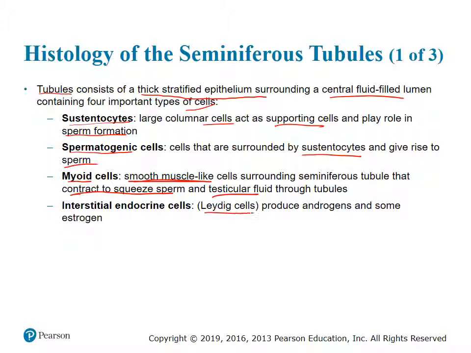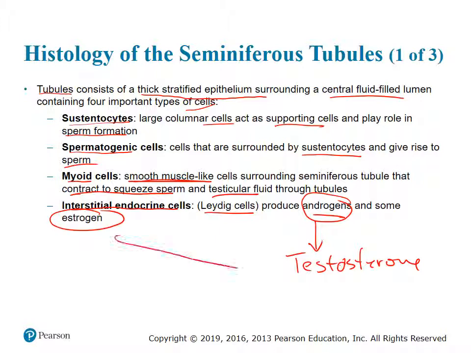We call these the Leydig cells. These are the interstitial endocrine cells. They are the ones responsible for producing testosterone, and some estrogen. If you'll notice, it says some estrogen. So these interstitial endocrine cells, Leydig cells, secrete the testosterone and estrogen as well, because males also produce estrogen.